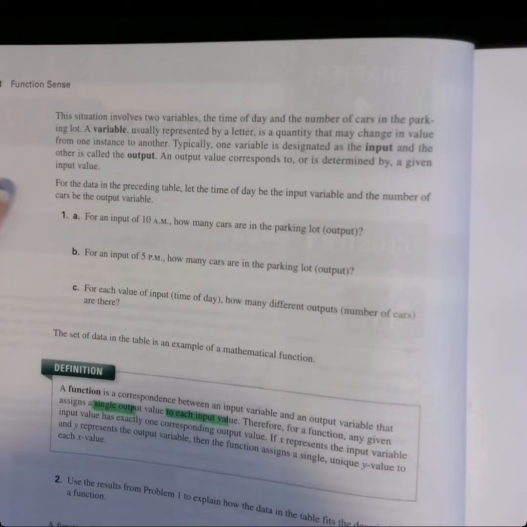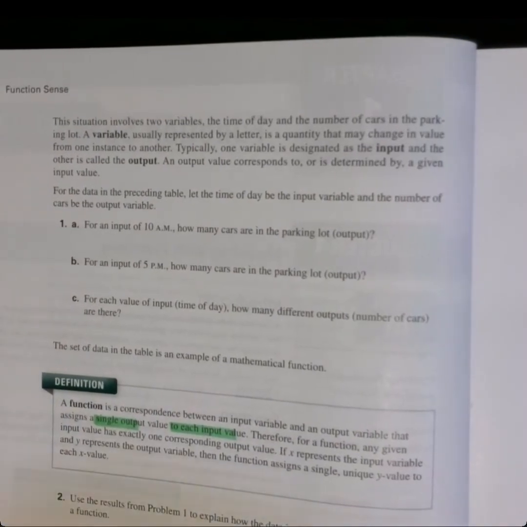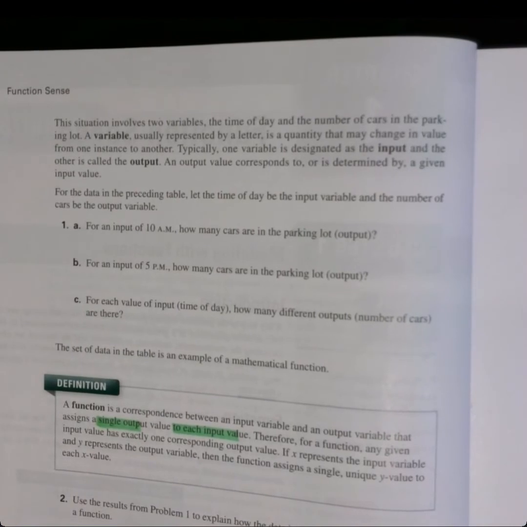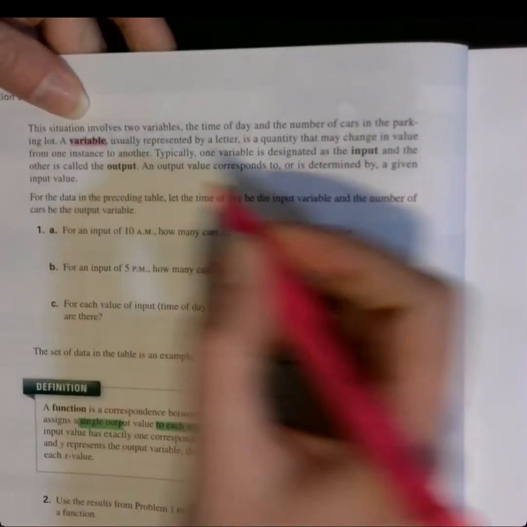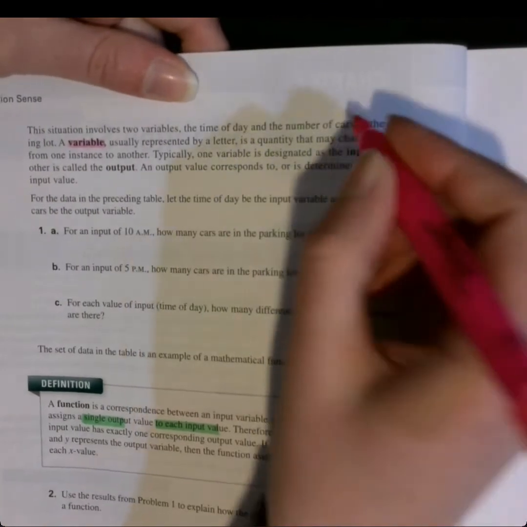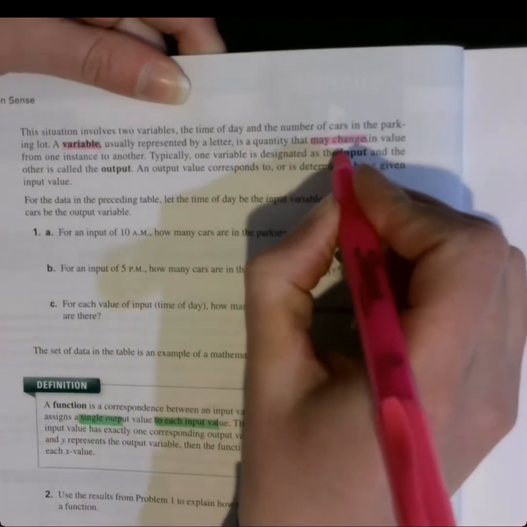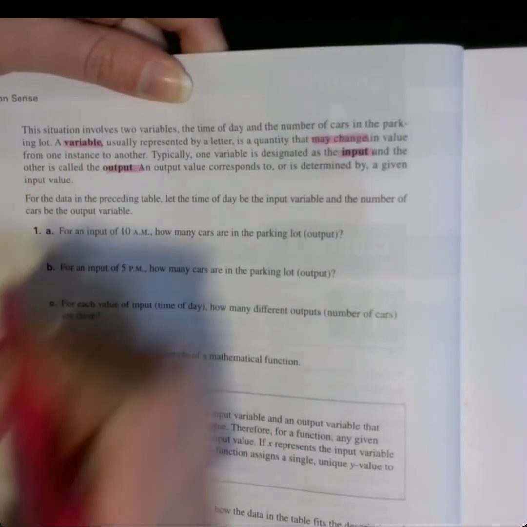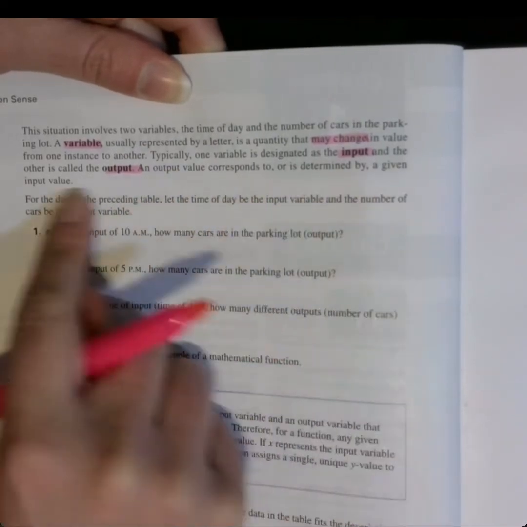All right, so on to page 2. We've got some definitions again. We are starting to talk about variables. A variable is usually represented by a letter or quantity that may change in value from one instance to another. Typically, one variable is the input, one variable is the output, and the output value corresponds to or is determined by the input.